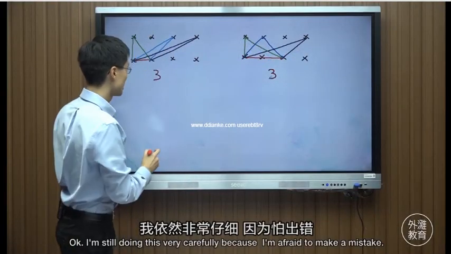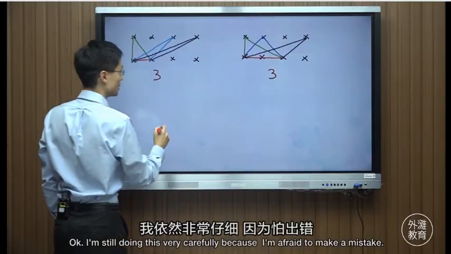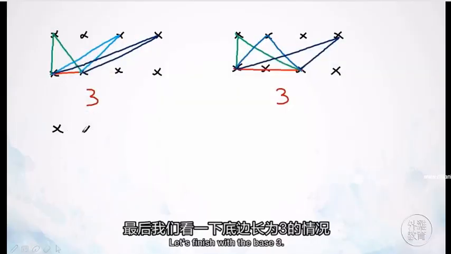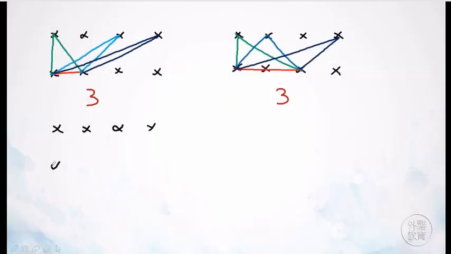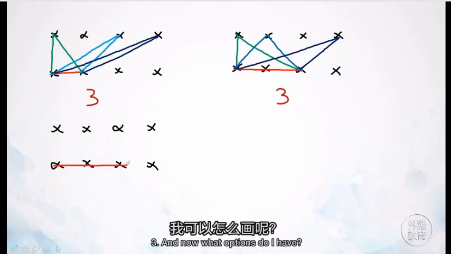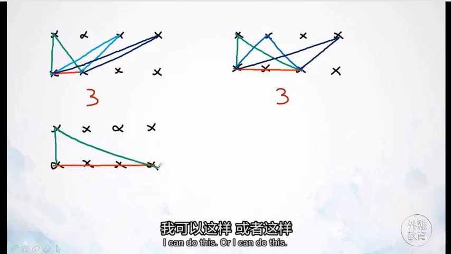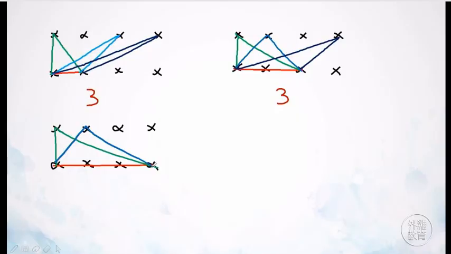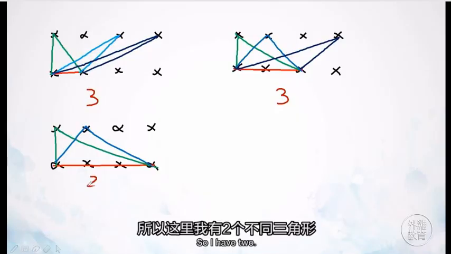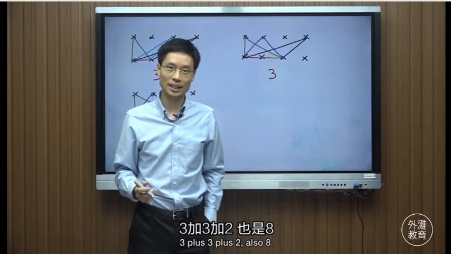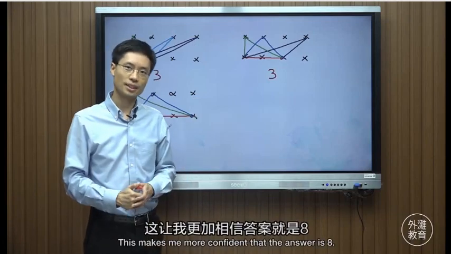Okay, I'm still doing this very carefully because I'm afraid to make a mistake. And let's finish with the base 3. And now what options do I have? I can do this, or I can do this. And the other 2 are the same. So I have 2. 3 plus 3 plus 2, also 8. This makes me more confident that the answer is 8.